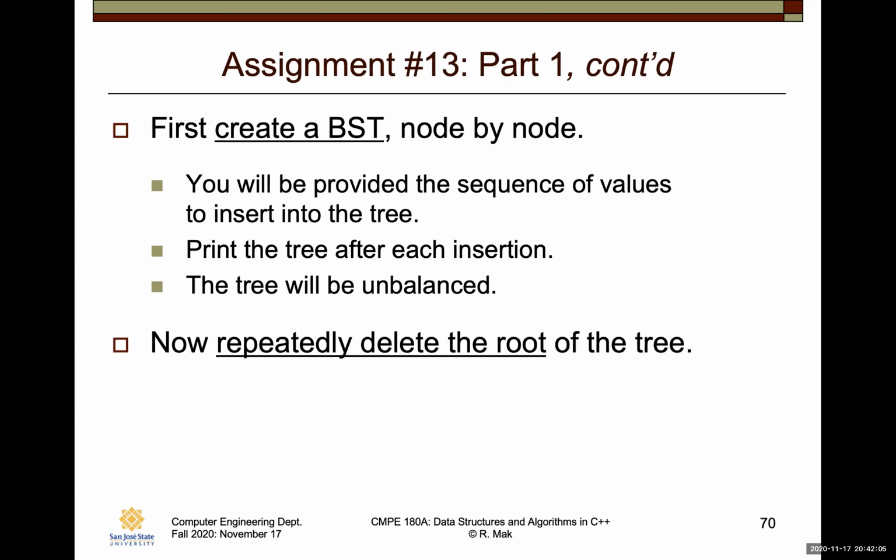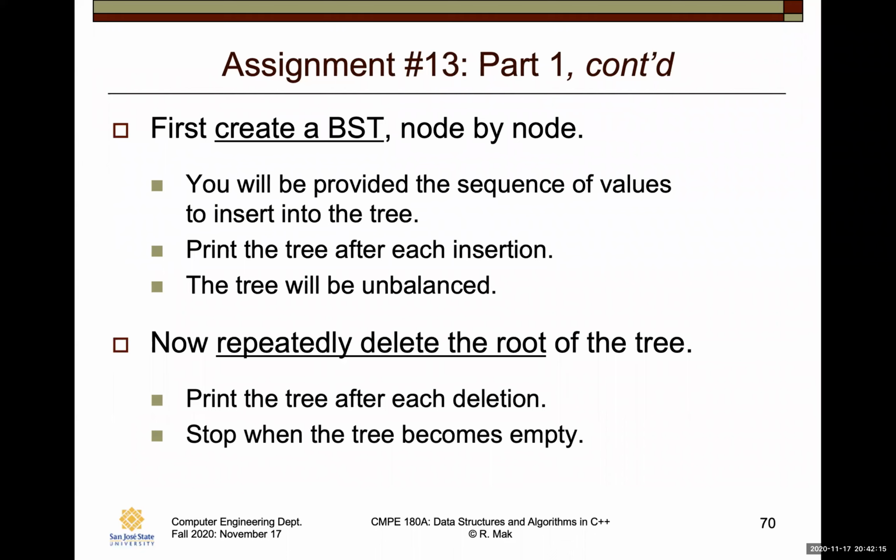You know how to delete a node from a tree, so you just keep deleting the root until you have no tree left. Then again, you print out the tree after each deletion, and of course you stop deleting when the tree becomes empty. So you're constantly lopping off the root of the tree. So this is what you do with a binary search tree.